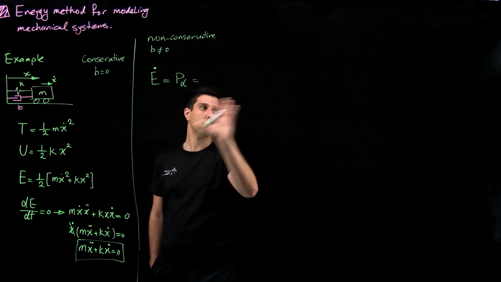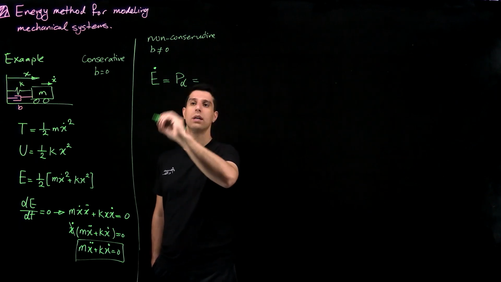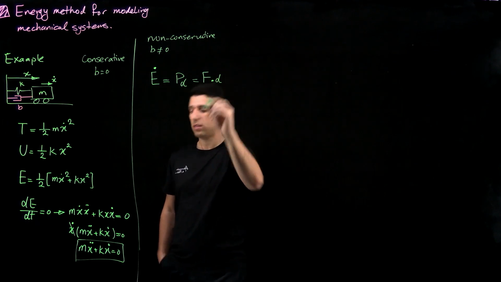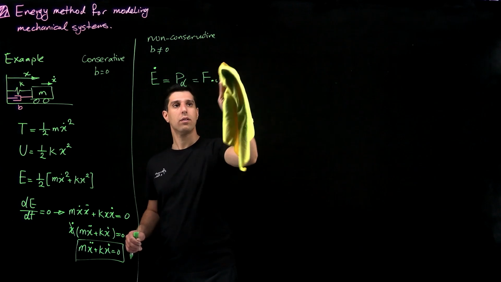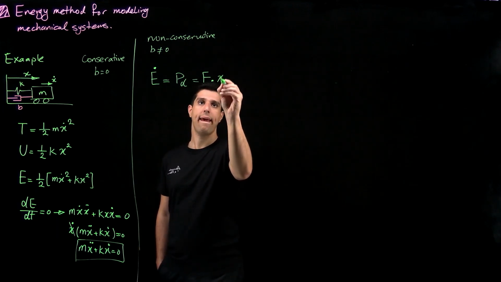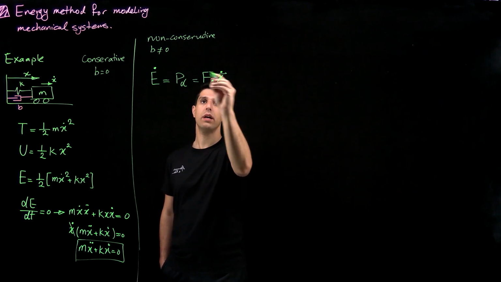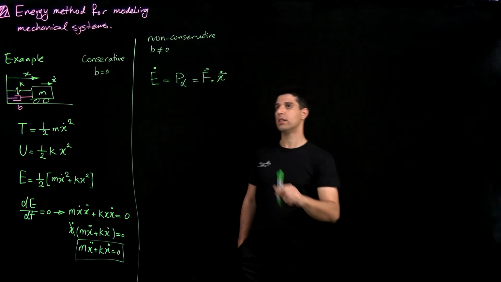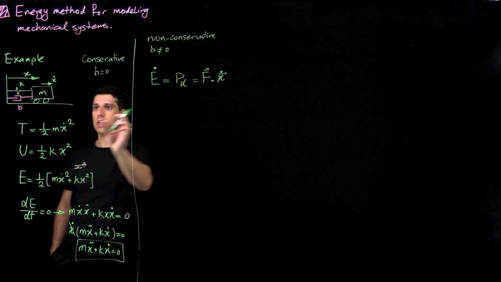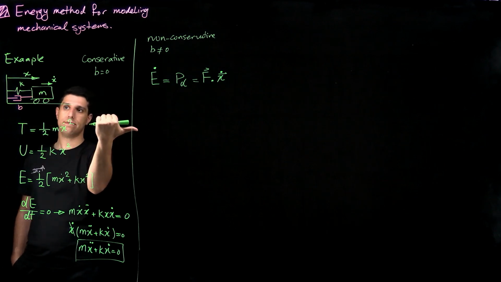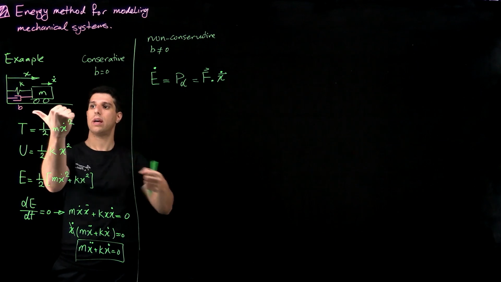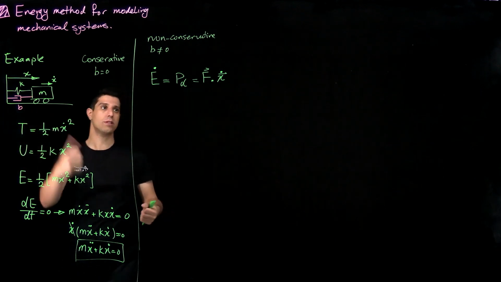And if you recall from before wiping this, power is F dot x dot, but these are in vector form. So now you need to be careful about the signs. If x dot is positive, the force of damper, I'm yanking this forward, and the damper is going to resist it in the opposite direction.